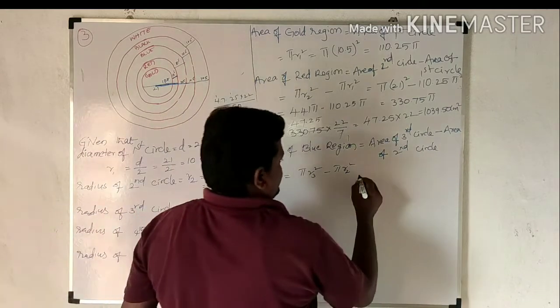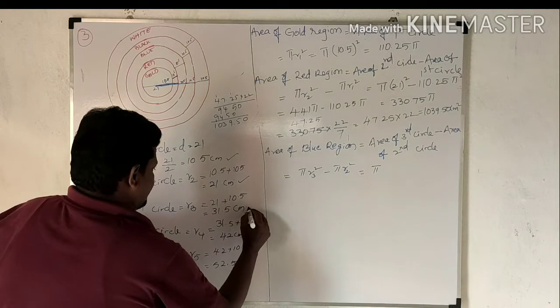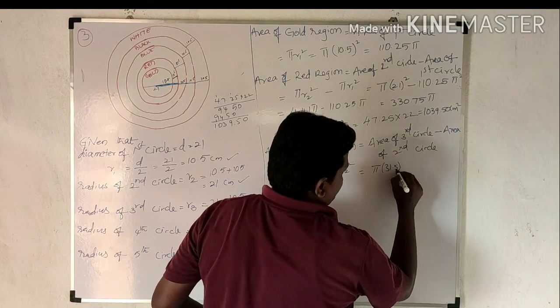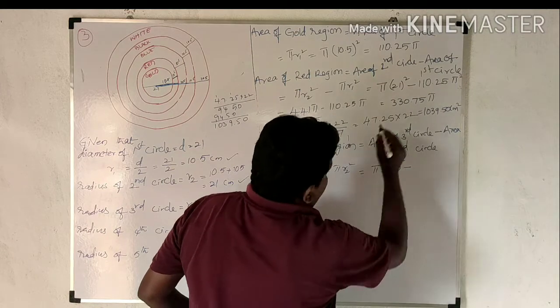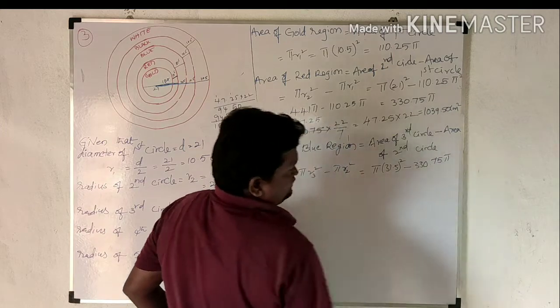Okay, so see, this is pi into what is this r3? R3 is 31.5. 31.5 whole squared minus this is 330.75 pi.